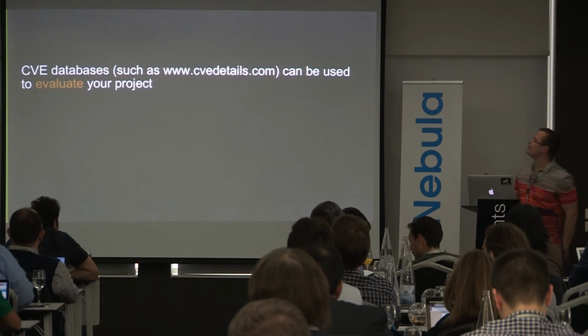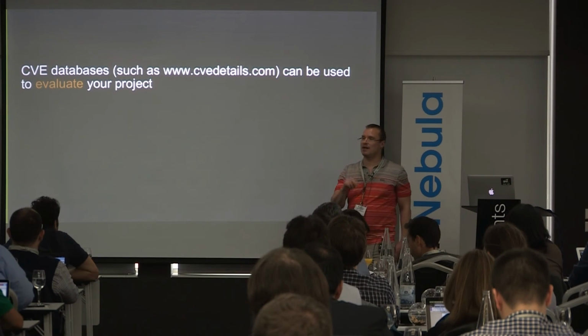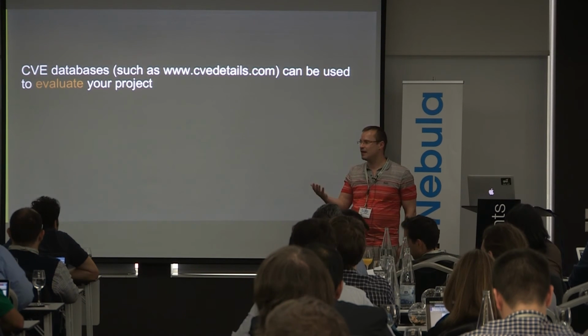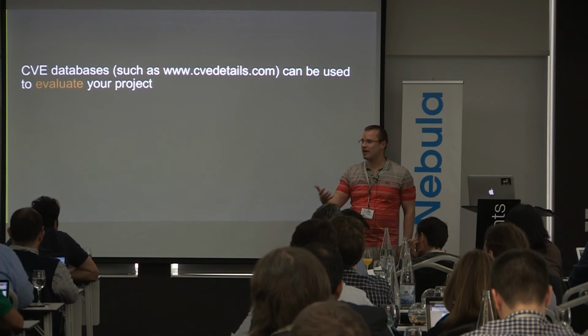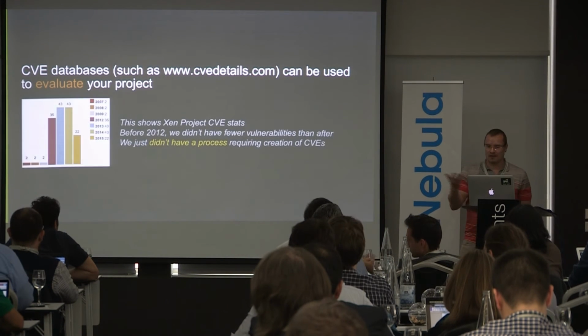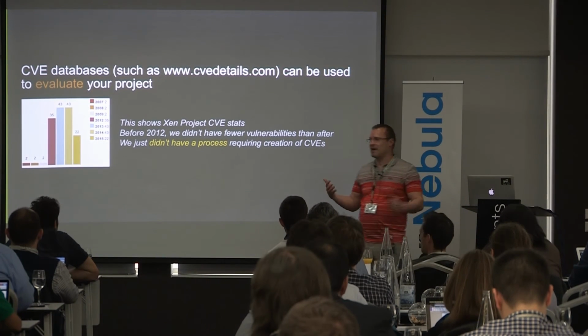There are databases which can be used to evaluate your project. There was a very interesting talk at OSCON where a large vendor made the case that open source software is more secure than proprietary software, based on data in those databases. But that's not taking account of the fact that different projects and products may have different assumptions.